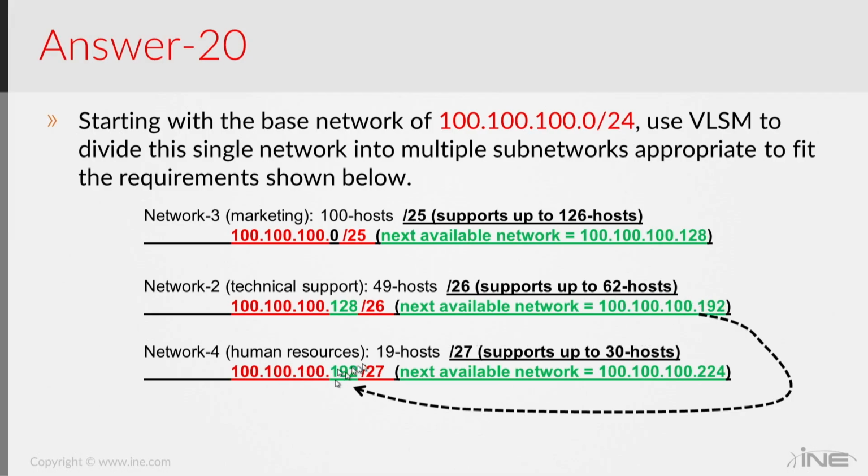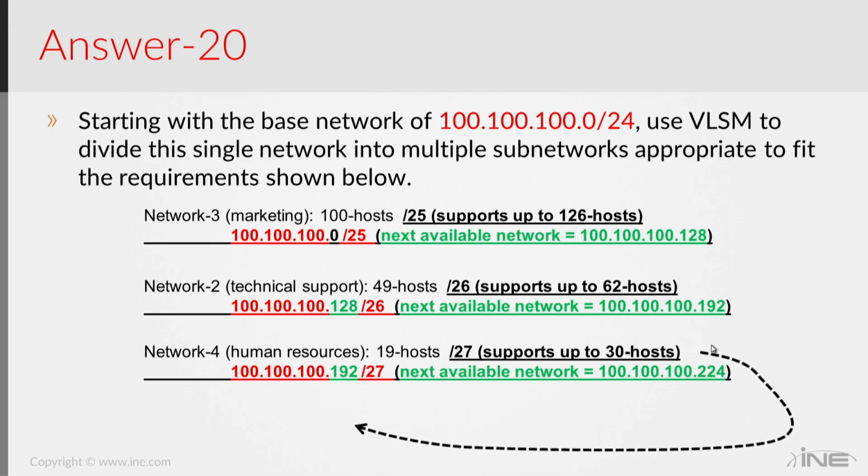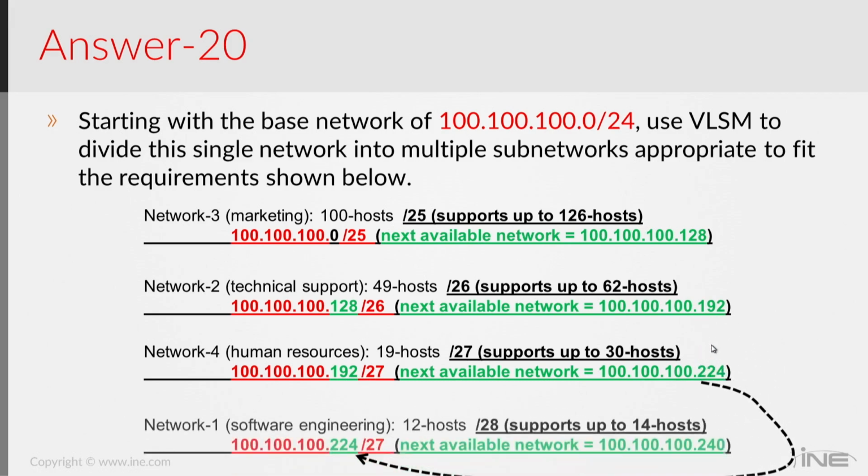And so that's where we put network number 4. With 19 hosts, we use a /27 subnet mask. /27s are always in increments of 32. So we take 192 plus 32, that gives us 224. And that gives us our final network.